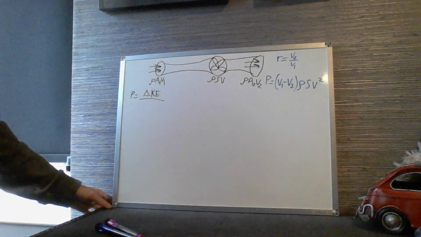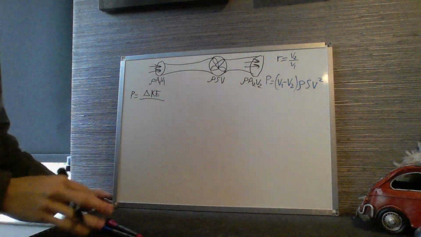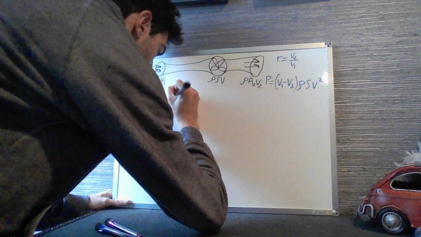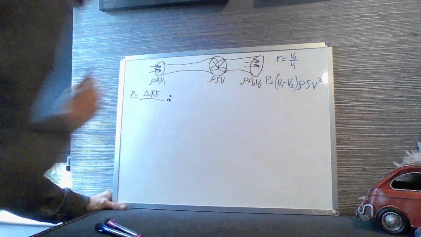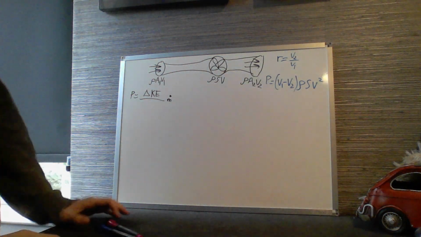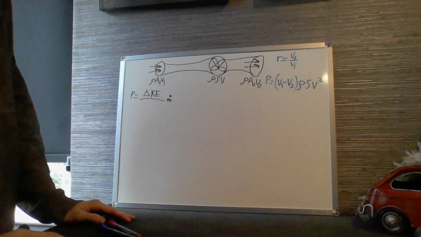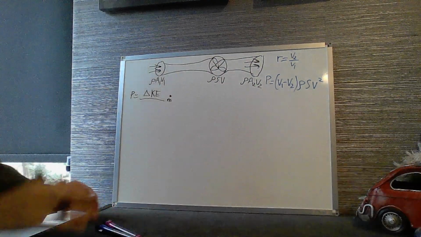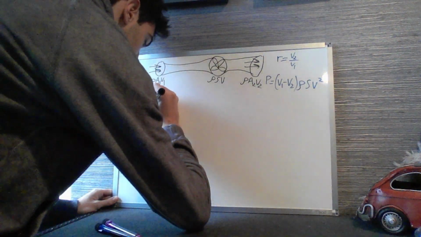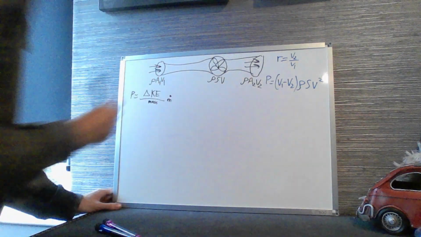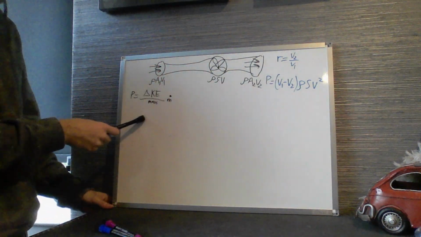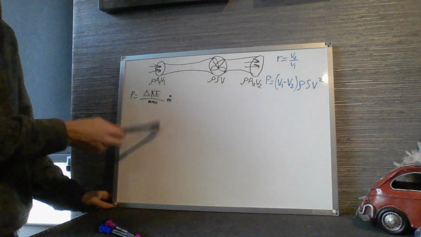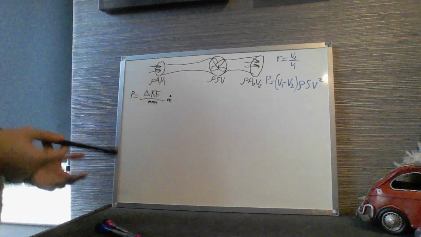If we multiply it by the mass flow rate, which is kilograms per second, we just need to divide by kilograms, so we divide it by its actual mass. So we get joules divided by kilograms multiplied by kilograms per second. The kilograms cancel out, so we get joules per second, which is what power is measured in.